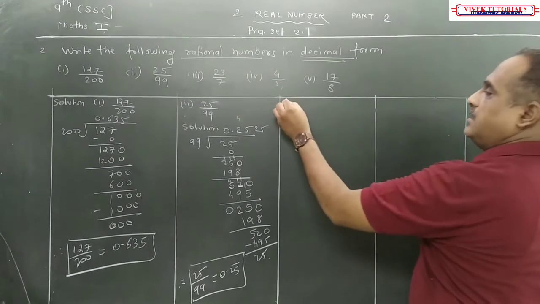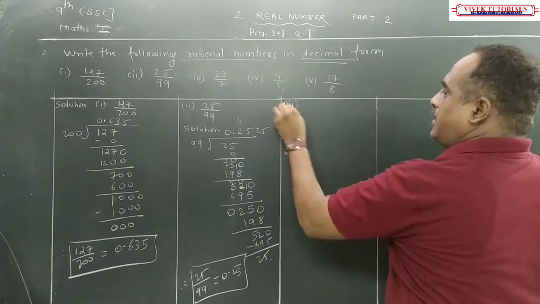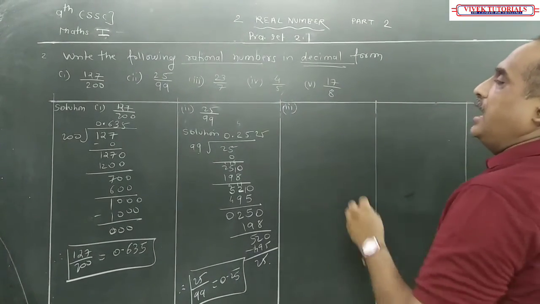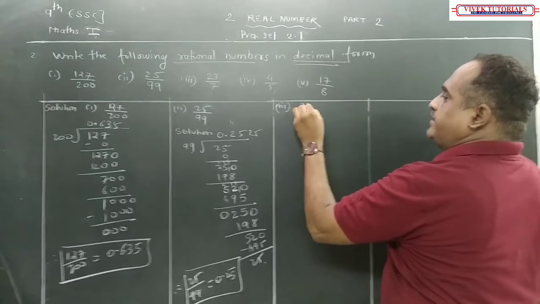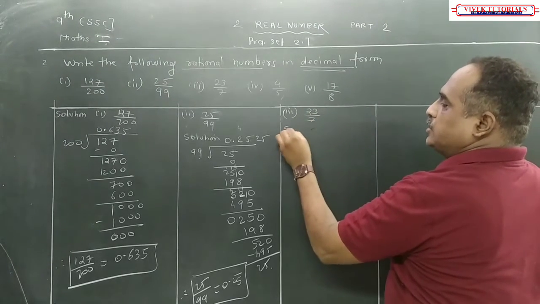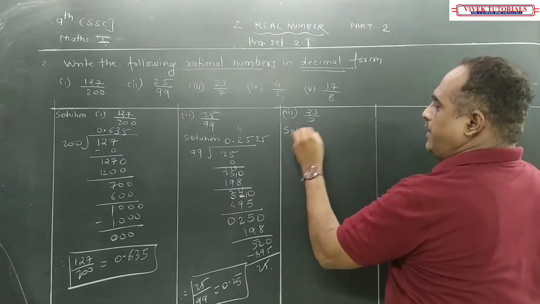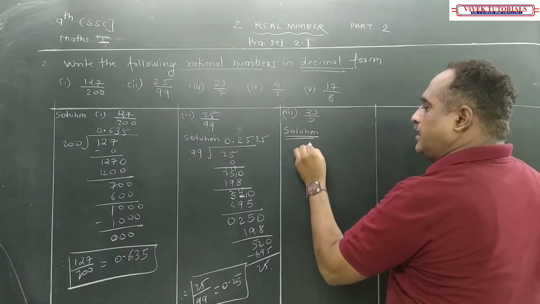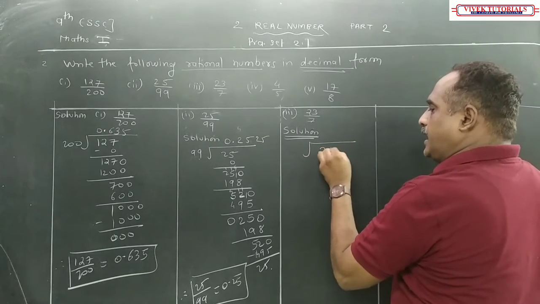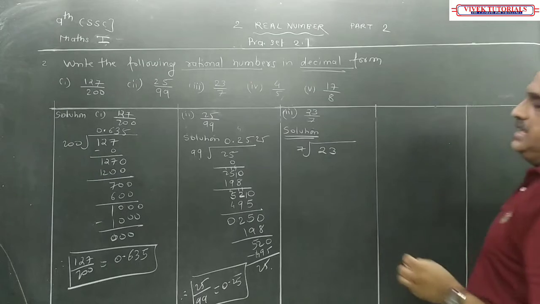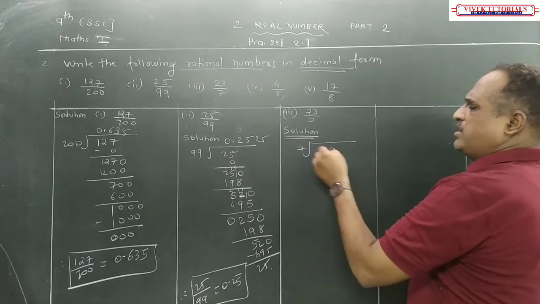Third one is 23 by 7. So solution. Here you should be very careful. 7s are. 23 is more than 7.